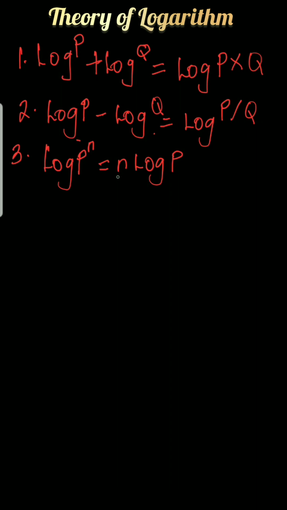N is taken to the back, and then it becomes the power times the logarithm of the number. For instance, if we have a number like, let's say, log of 4 raised to the power 2, this is then expressed as the power of 4 is 2. It is expressed as 2 times log 4. And so that's what it means.